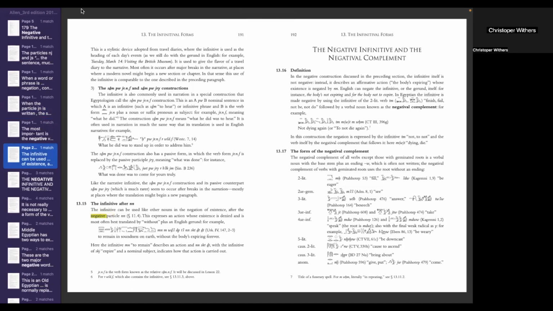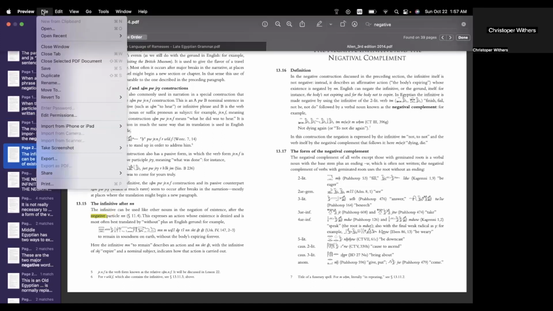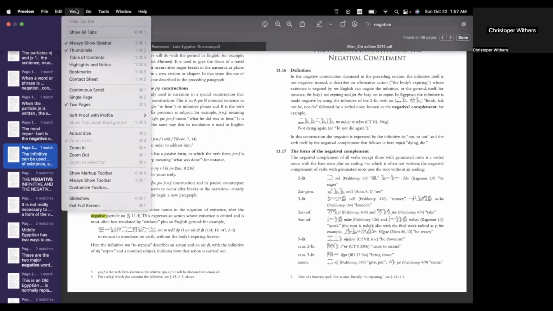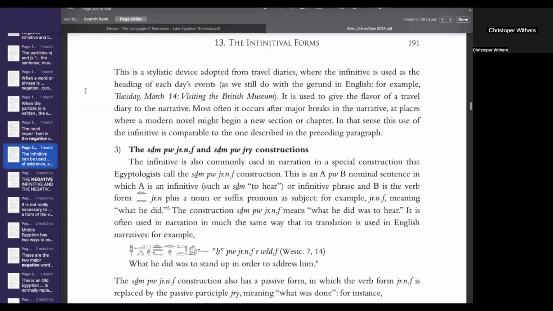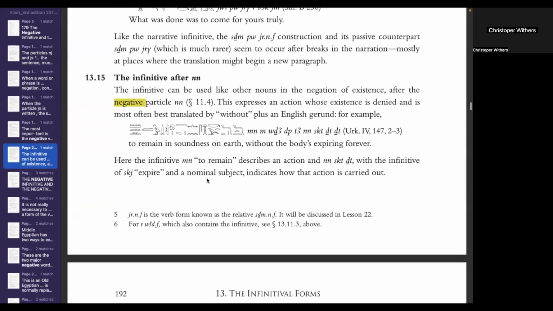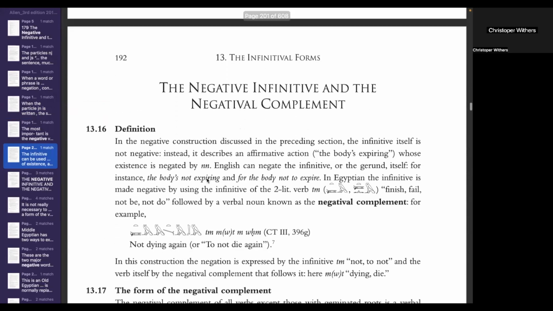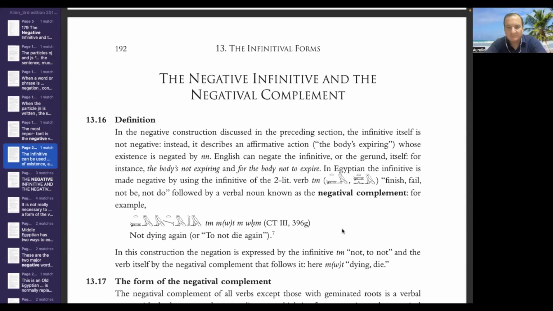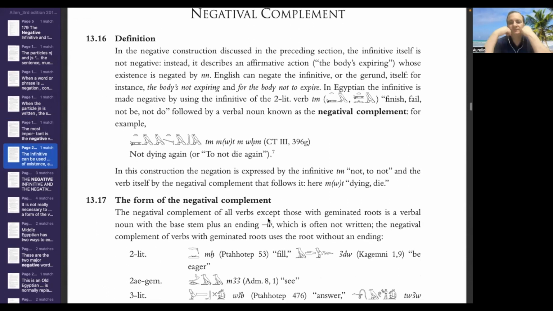Yeah, finish, fail, not to be, not to do. Negative complement.